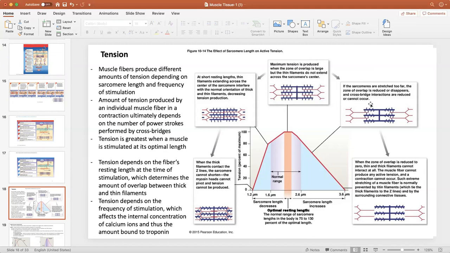Then tension starts to die off when we have less overlap. So some of these myosin heads don't overlap the actin, so those aren't being utilized to create a cross bridge and create muscle contraction. So we only have a few of these myosin heads, so it creates less tension. So that's what this slide is showing, how optimal overlap creates optimal maximum tension.